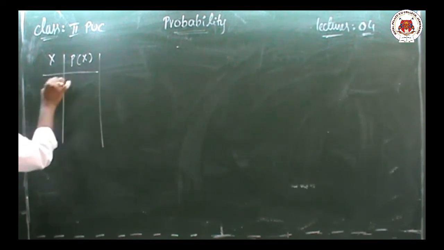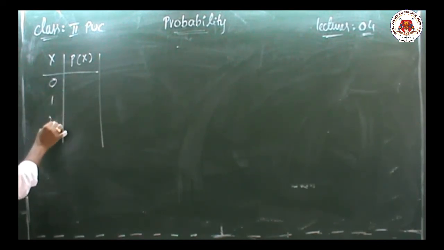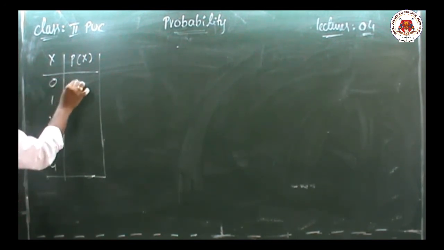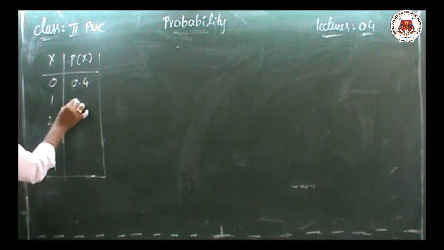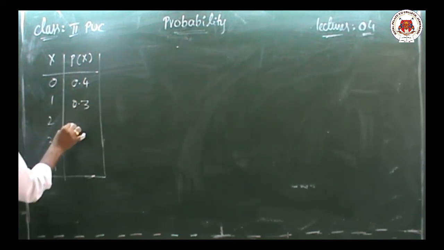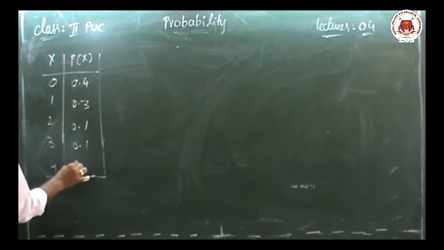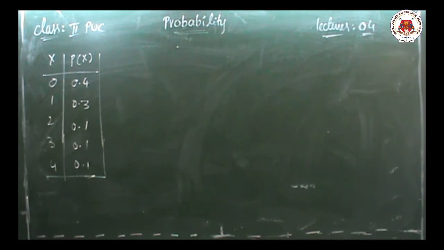The x values are 0, 1, 2, 3, 4. And the p of x values are 0, 0.4, 0.3, then 0.1, 0.1, 0.1. The question is asking to find the variance.